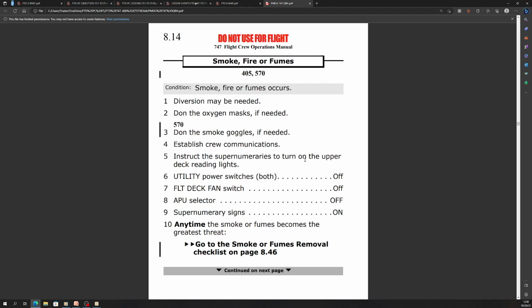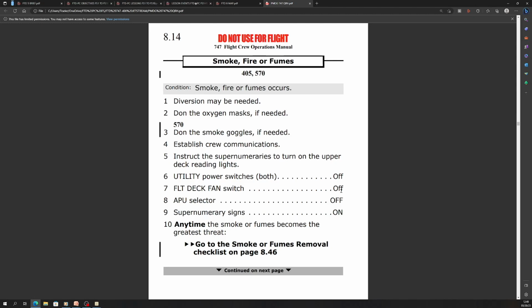Then on the freighter, instruct the supernumeraries to turn on the upper deck reading lights, because things may get dark. So they turn on the upper deck reading lights. Utility power switches both off, and flight deck fan switch off. Make sure the flight deck fan switch is off. It probably should be.